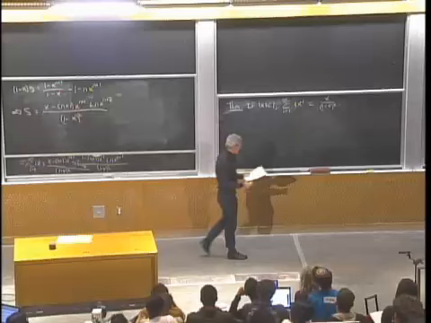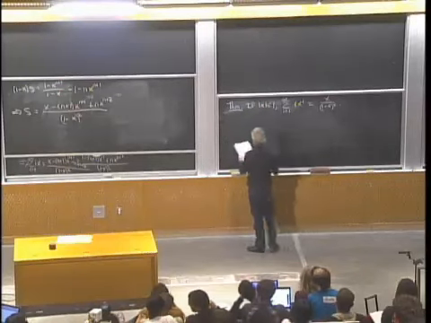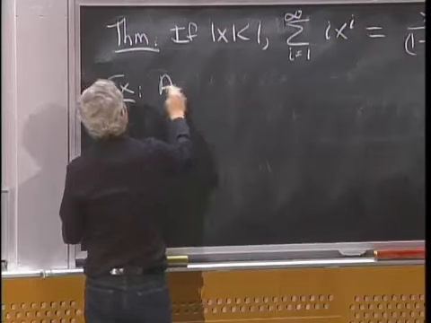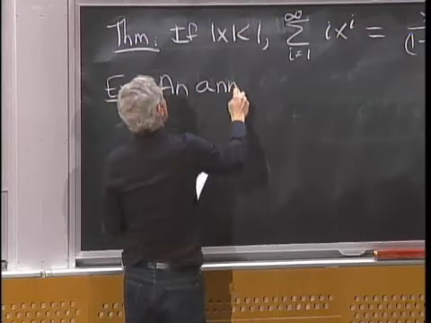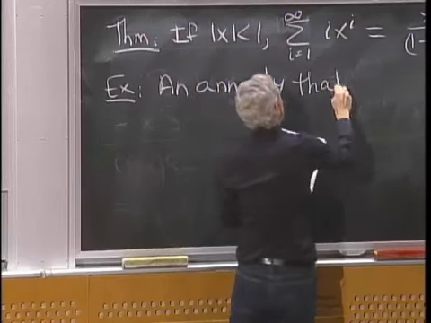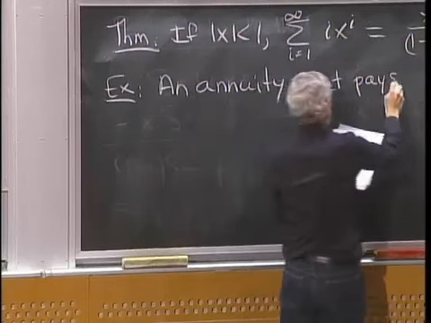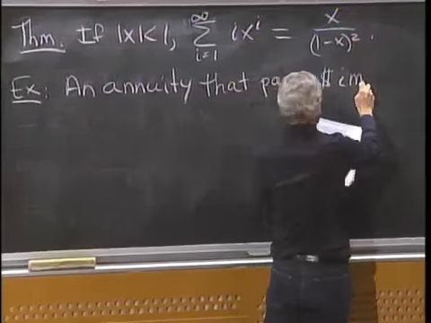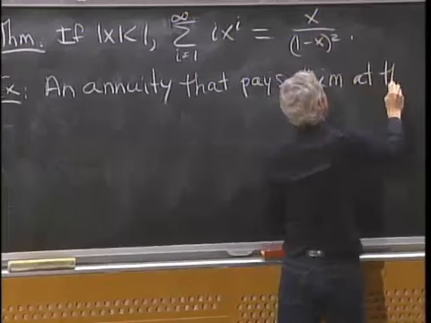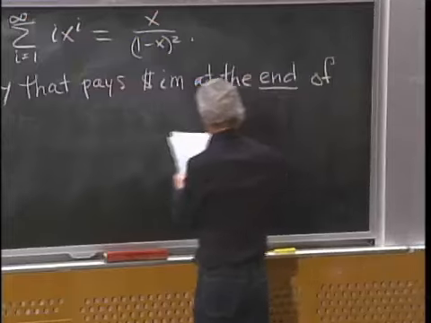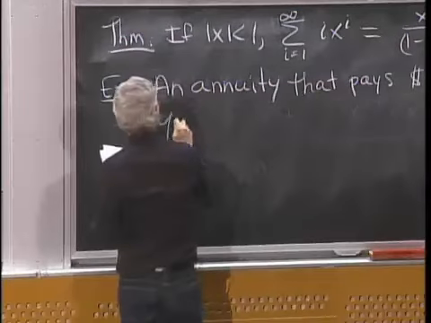What is that worth? You can think of this as, again, an annuity. Here, the annuity pays i m dollars at the end, not the beginning, say, of year i, forever.